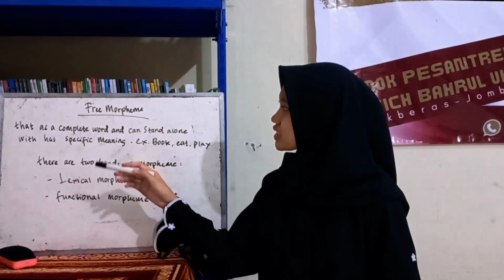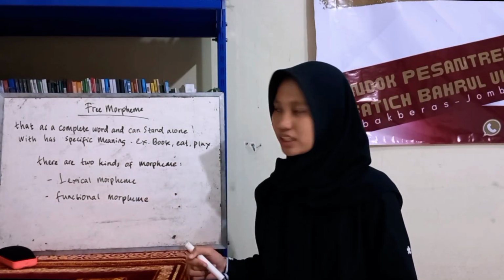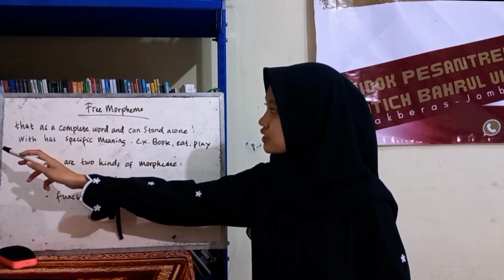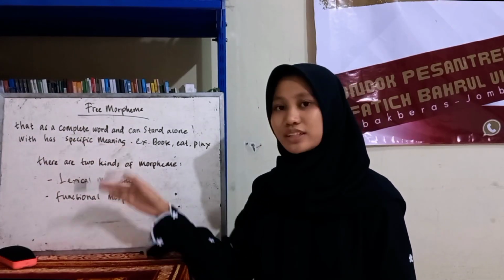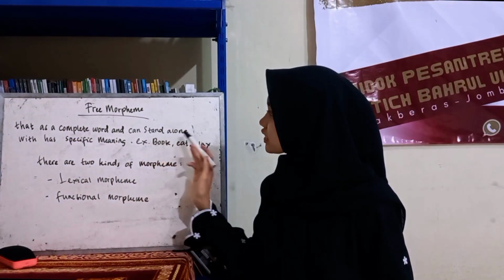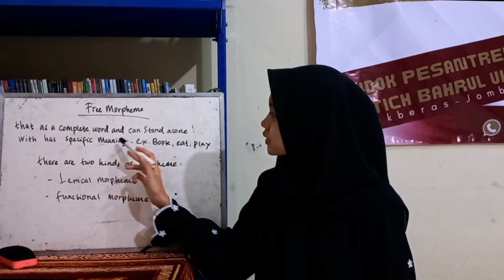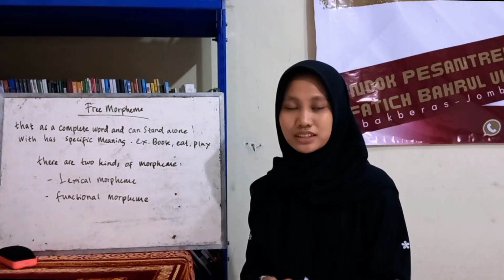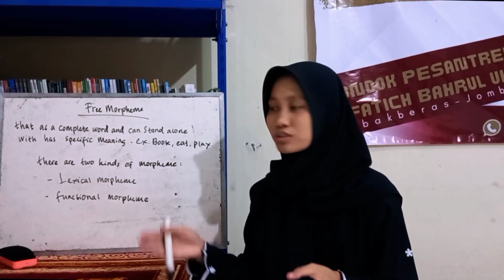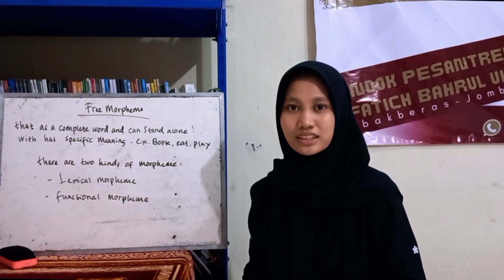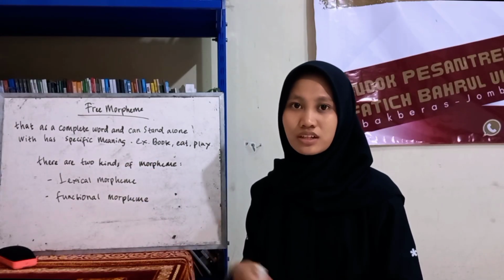And what is a free morpheme? Okay, a free morpheme is a morpheme that is a complete word, and it can stand alone with a specific meaning. It means a free morpheme doesn't need another morpheme, like an added prefix or suffix.